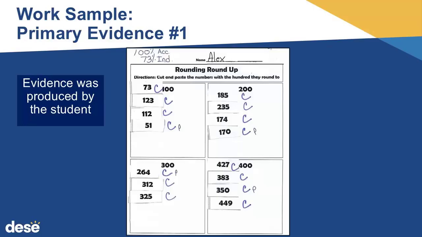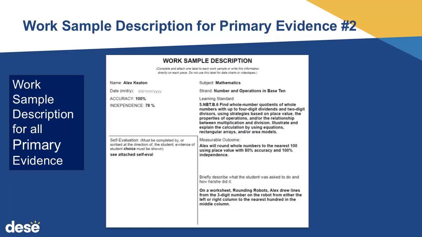So here's the evidence that's produced by Alex, and you can see that it was about rounding. So that's the first piece of primary evidence. And then we'll have a second piece of primary evidence. So that same information is on there. You could see here, and I'll talk about it in a few minutes, about the self-evaluation. You can attach it, you can put it here. There's a lot of different ways to do that.